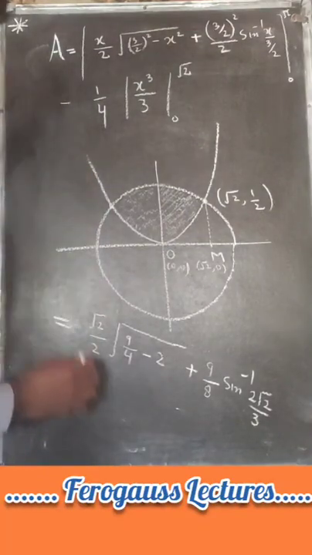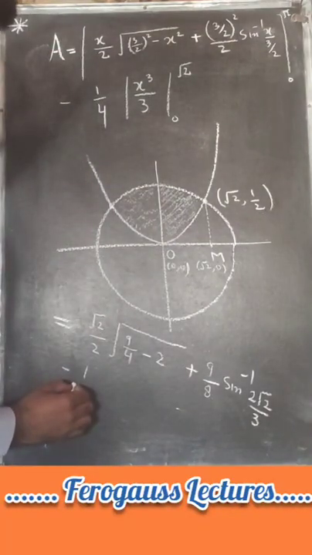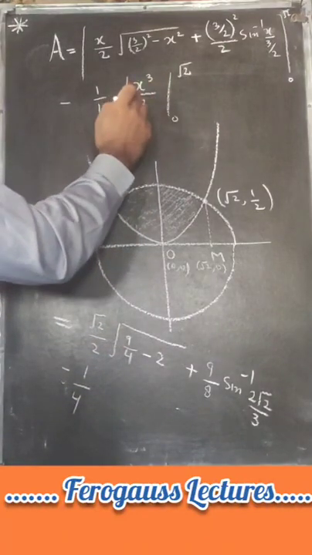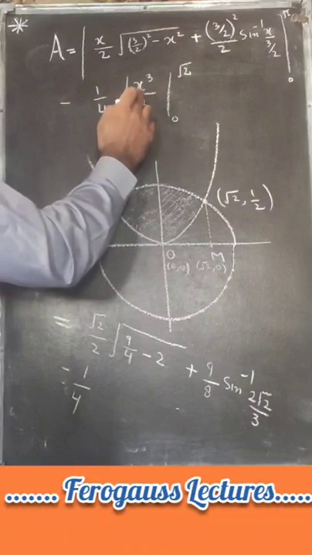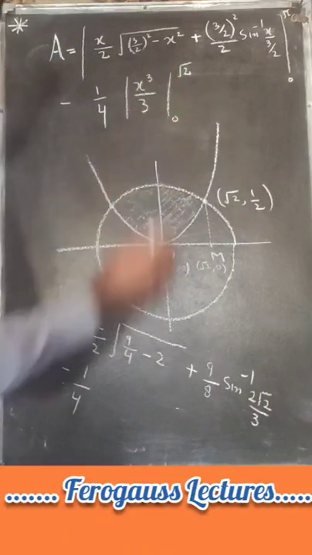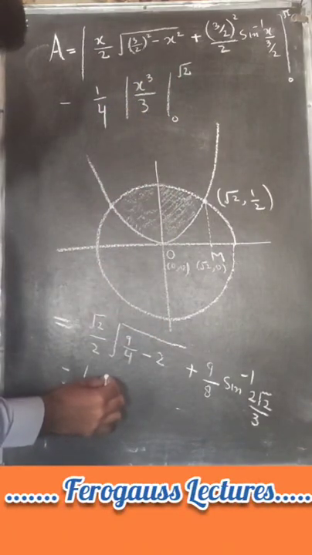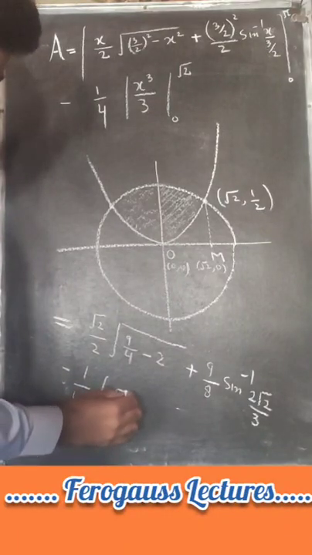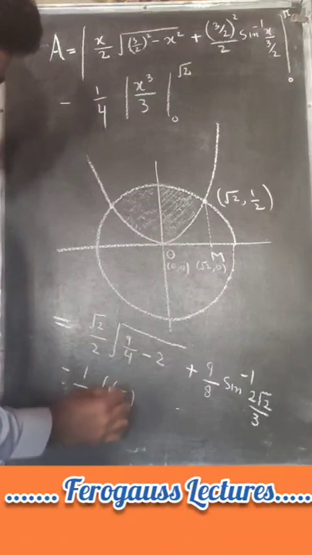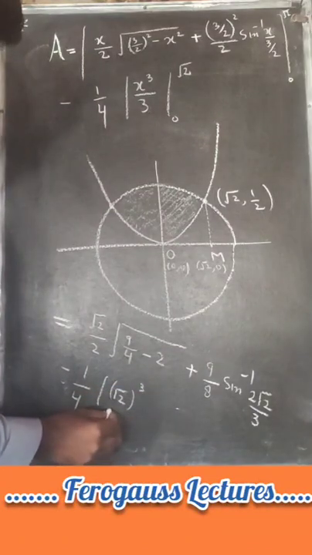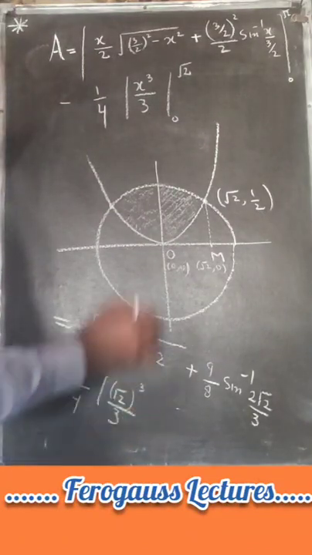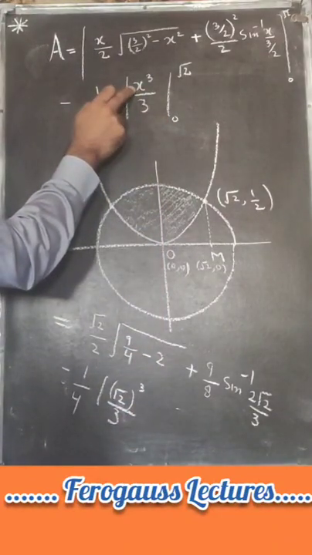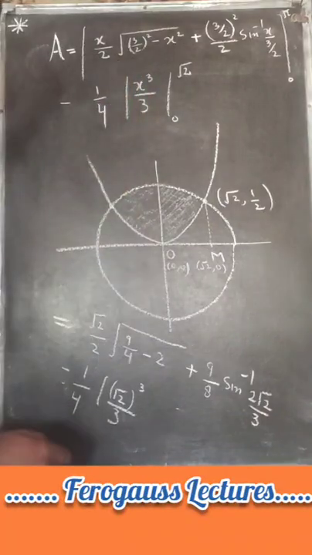Then we have minus 1 by 4. Now apply limits: it is x³, so we get square root of 2 cubed divided by 3. Then we give the lower limit 0, and when x is equal to 0, this becomes 0.